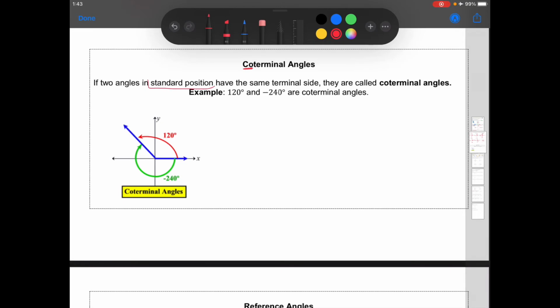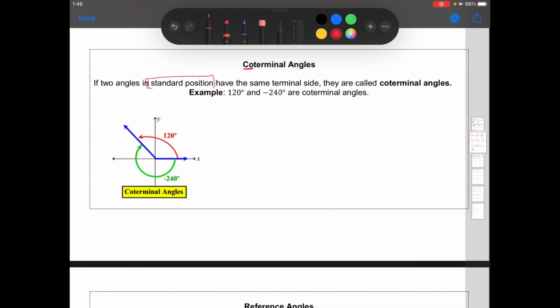So if two angles in standard position, again the keyword is standard position, for the most part in Algebra 2 you will have angles in standard position, meaning your initial ray is glued to the x-axis, and then your terminal ray is something that you move, either in the clockwise or counterclockwise direction, depending on what the question is asking you for. If they have the same terminal side, they are called coterminal angles.